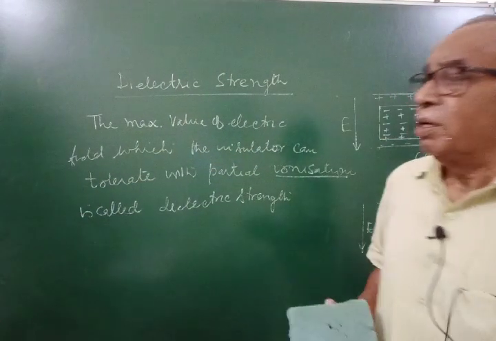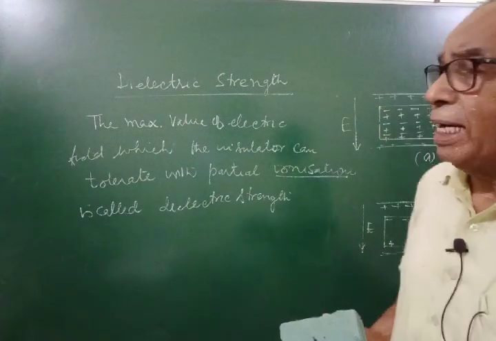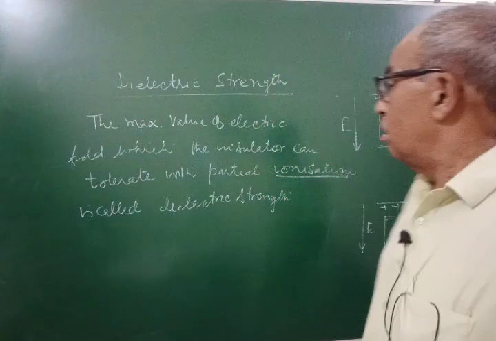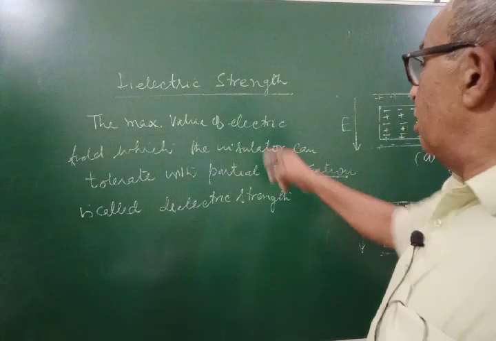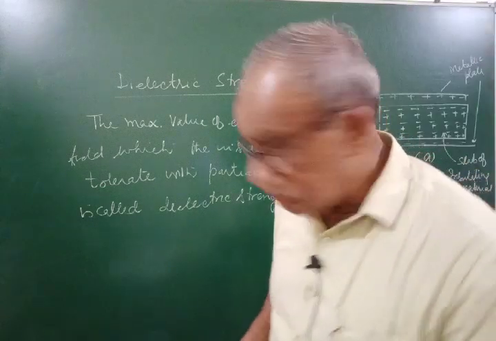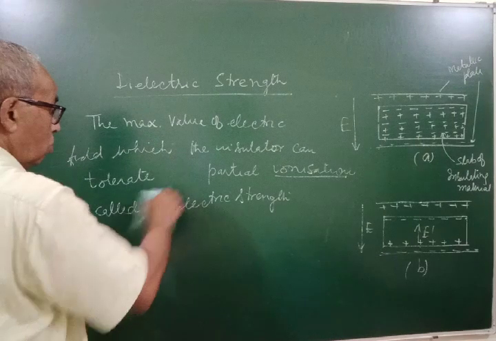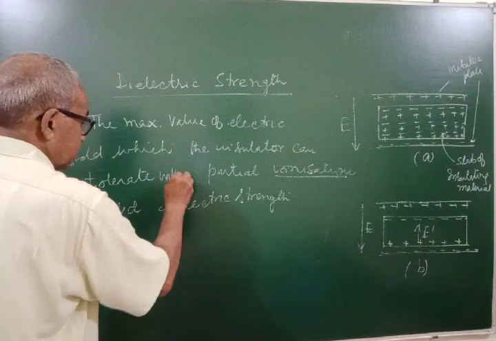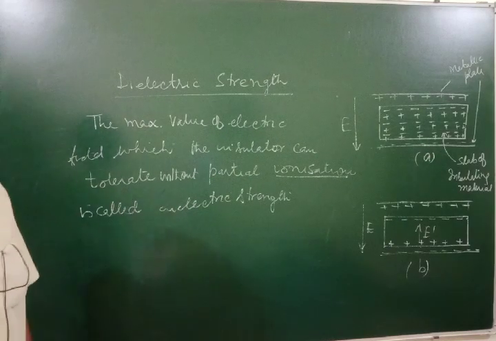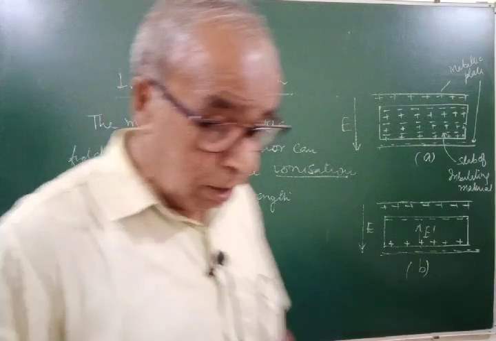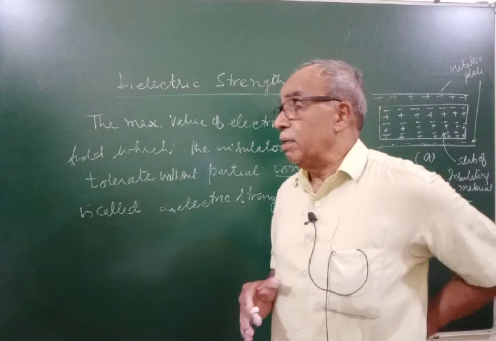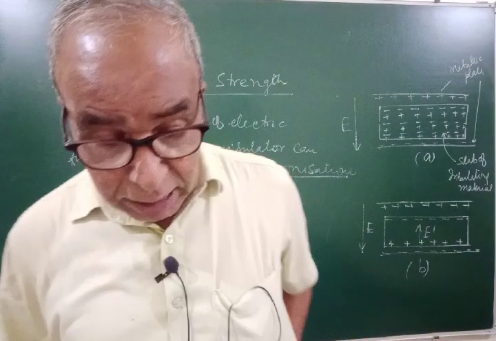So the dielectric strength of an insulator or dielectric is the maximum value of electric field which it can tolerate without partial ionization, and hence without conducting electricity. The maximum electric field which a dielectric can tolerate without conducting electricity because of partial ionization is called dielectric strength.